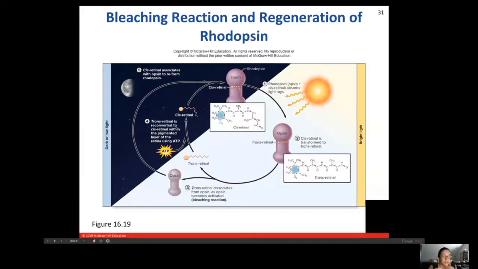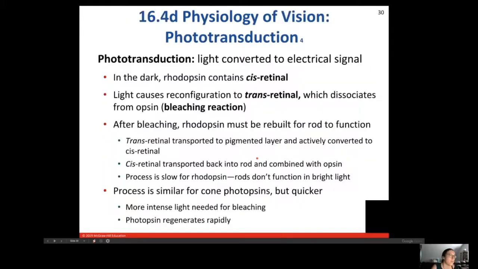Then the trans-retinol has changed its shape, and it doesn't fit anymore with the opsin, so they disassociate. That means they break apart, and we call that the bleaching reaction. This is when the cis and trans-retinol break apart. That happens in the light, so these pigments are bleached and broken apart by the light.